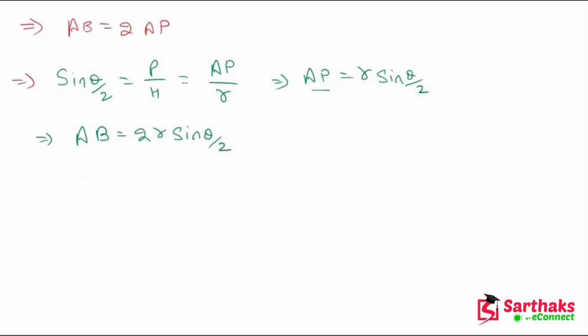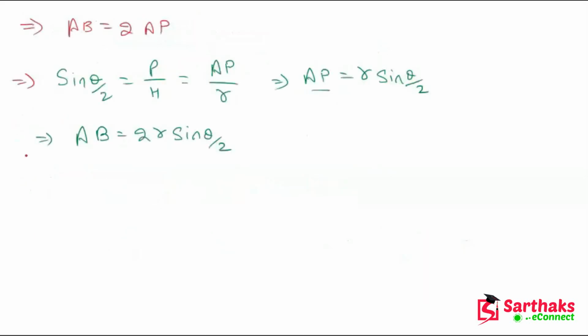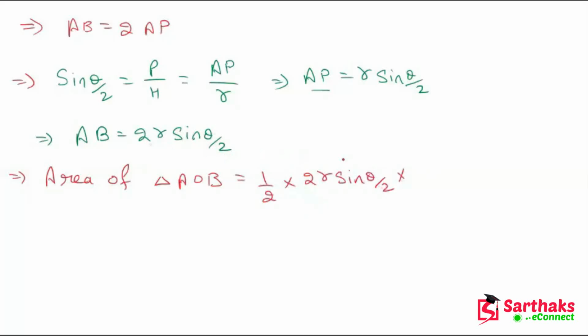Now we are putting the value of AB in the area of triangle. The area of triangle AOB is equal to half into base, which is 2R sine theta upon 2, multiplied by height.